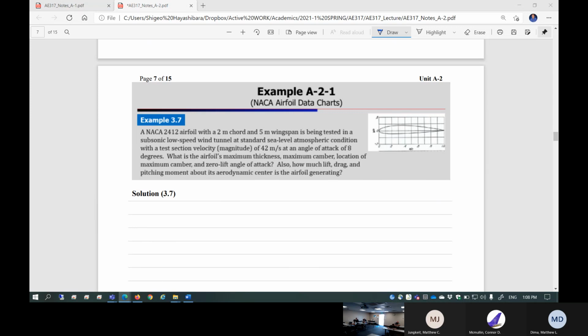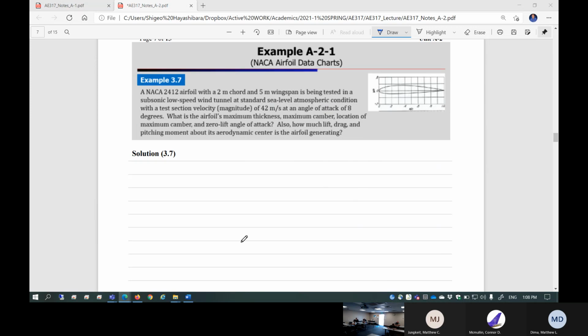What is the first question? What is the airfoil's maximum thickness? 2%?